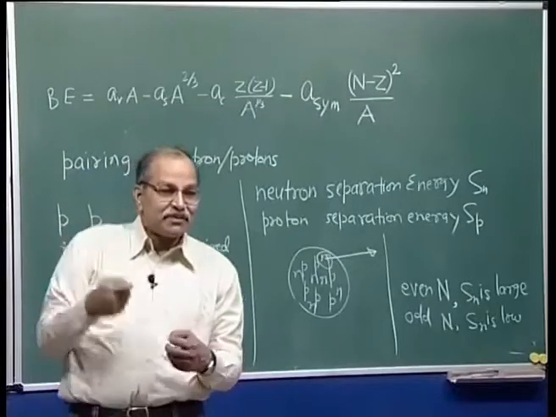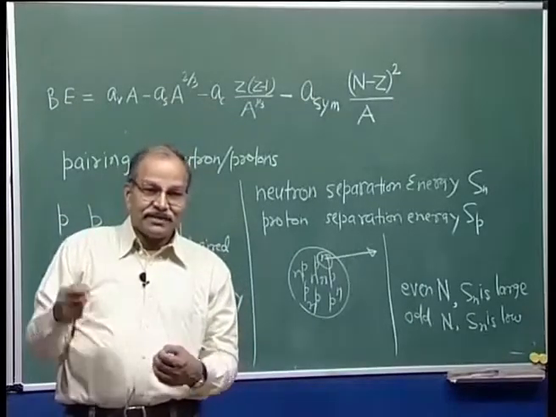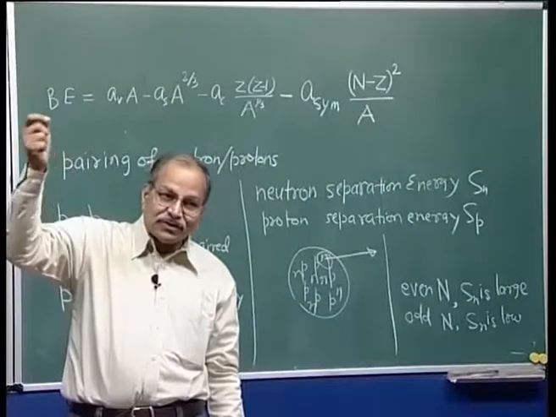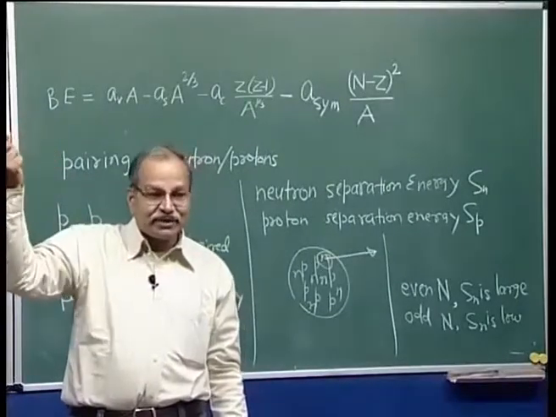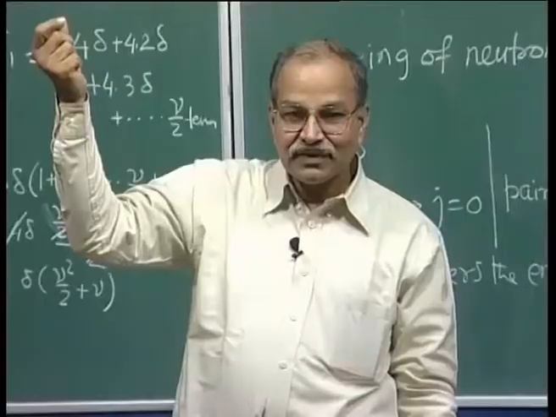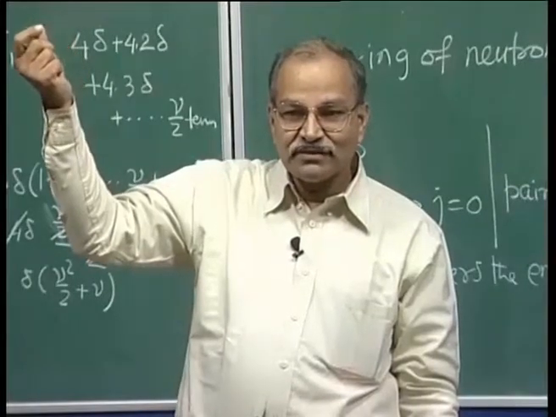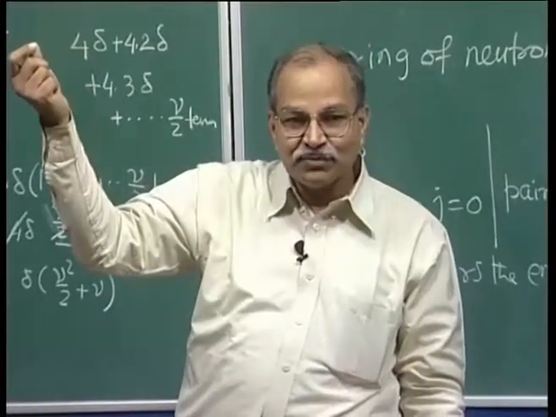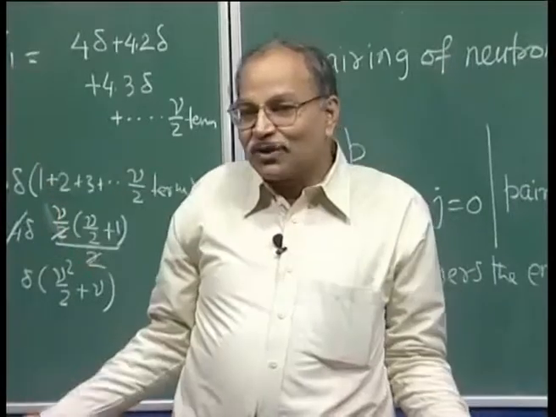Whereas, if this capital N is odd, then surely there is one neutron which is not paired to anyone. If this capital N is odd, not divisible by 2, then not all neutrons can form pairs.